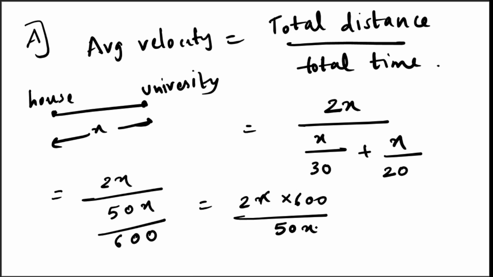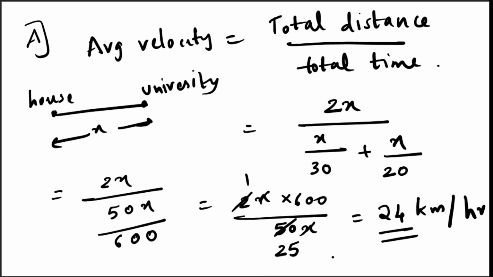So x and x will cancel, then dividing 600 by 25, we get 24. Yeah, 24 kilometers per hour. This is the average velocity.